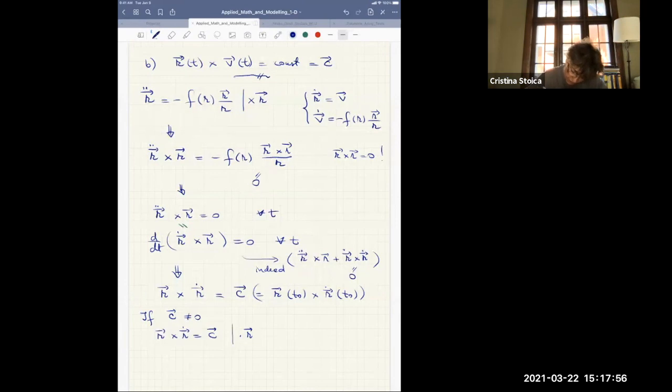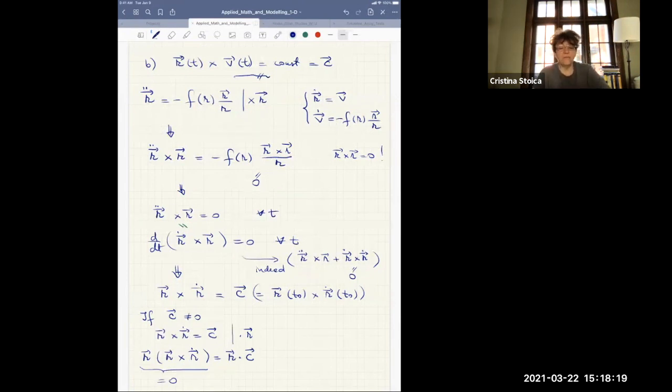Now I do remind you when we're doing such a thing: R dot C. When you have the triple product and two vectors are the same, this is always zero. Why? What is the meaning of the triple product?